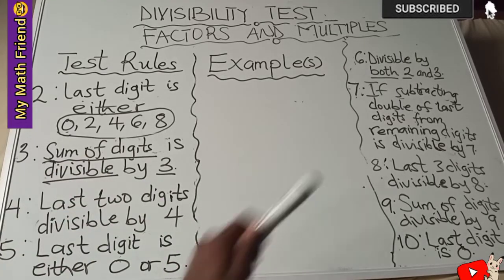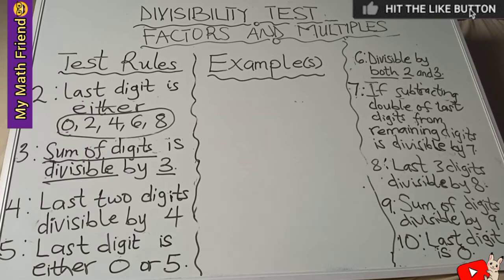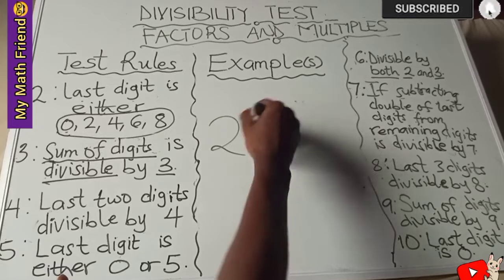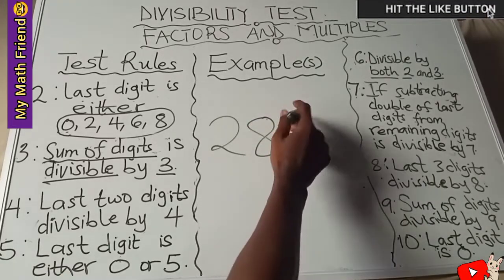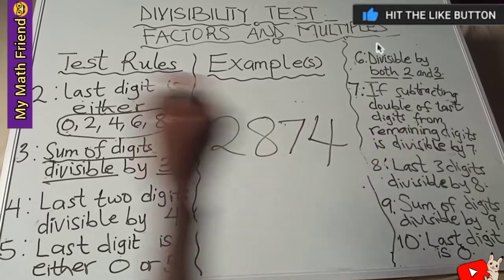Let's go to the test rule for 6. The rule says that the number should be divisible by both 2 and 3. Great. So let's look at an example: 2,874.